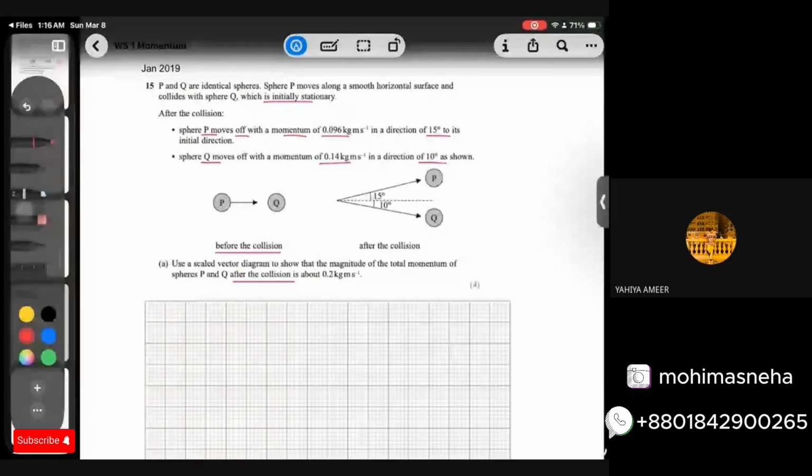I think I remember. Anything you remember, you can tell so far. How do you draw the vector diagrams? We take a unit, we divide it.